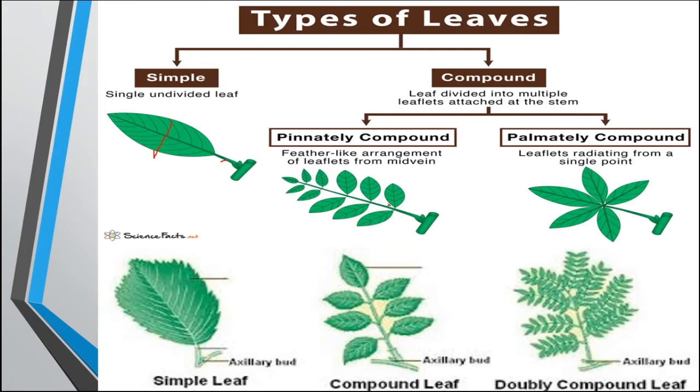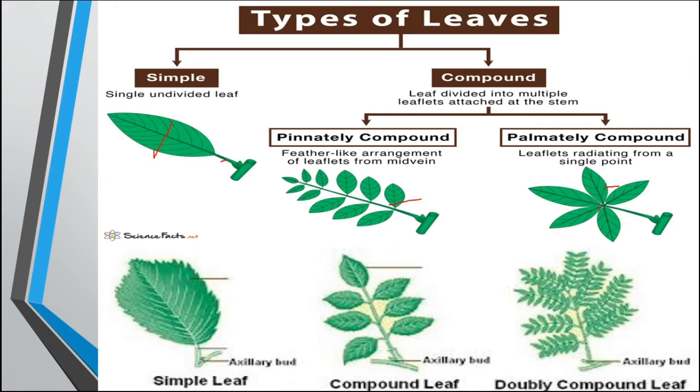That's why it is known as a compound leaf, and when they are arising in this way, it is known as pinnately compound leaf. Now in palmately compound leaf, the leaf blade is divided into 5 leaflets, but all the leaflets are arising from the same point, like a palm. That's why it is known as palmately compound. But in pinnately compound, the leaflets are not arising from a single place.